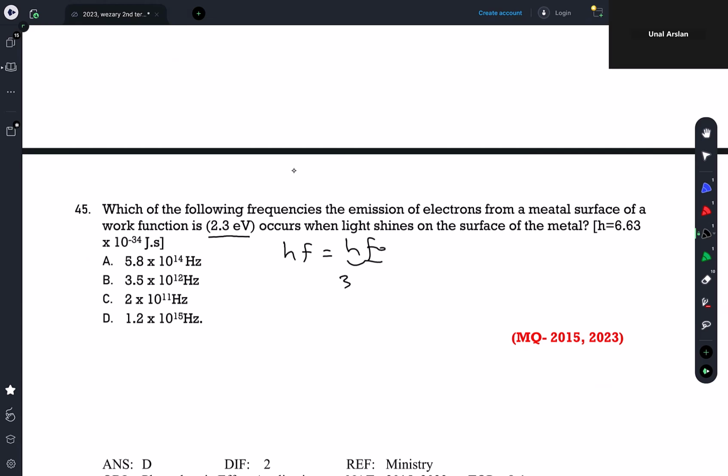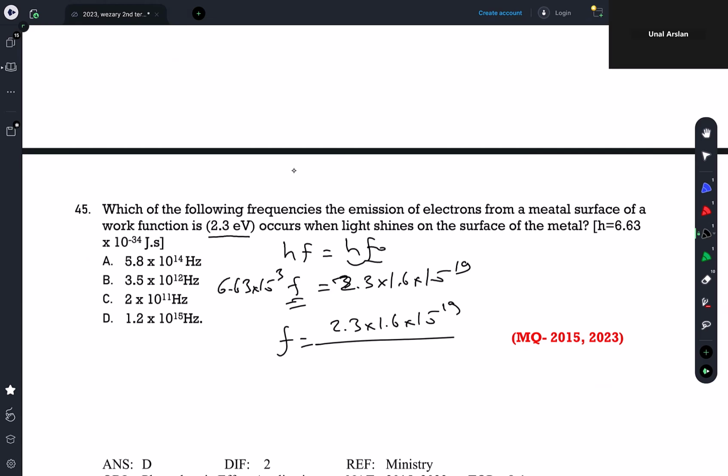Work function is given as 2.3 electron volts. Of course, we should convert to joules by multiplying by 1.6 times 10 to the power of negative 19 joule. And h, we know, is 6.63 times 10 to the power of negative 34. So calculate the minimum frequency. f is going to be 2.3 times 1.6 times 10 to the power negative 19 divided by 6.63 times 10 to the power of negative 34.